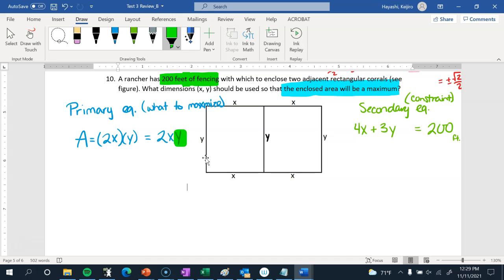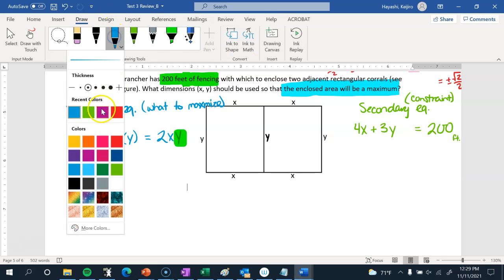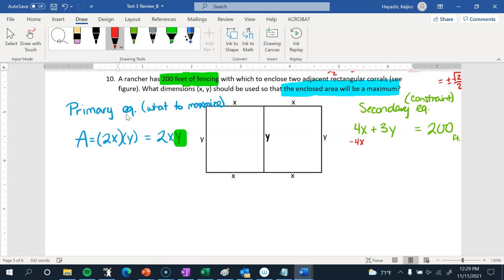So if we want to replace y with something, well, we better take this and find an expression for y using the secondary equation, meaning that you'll want to get y by itself. So if you try to get y by itself here, we'd subtract 4x first thing.